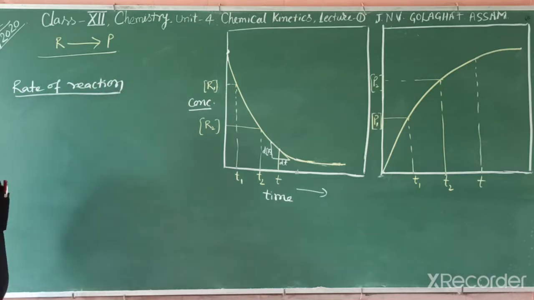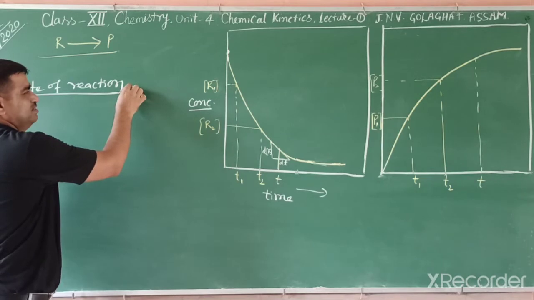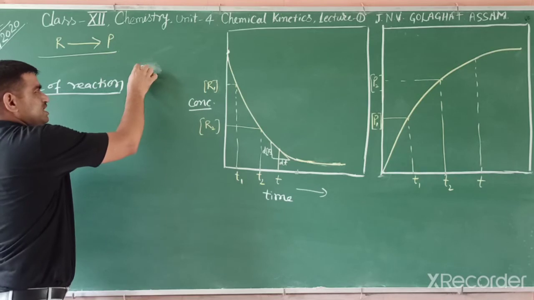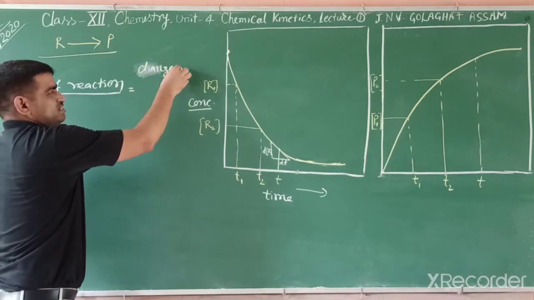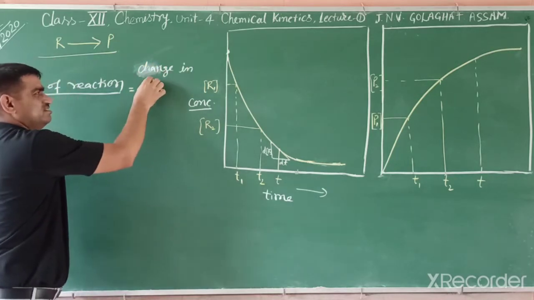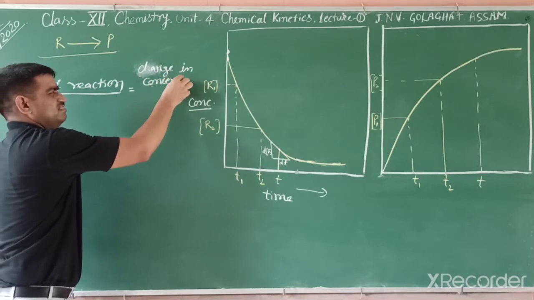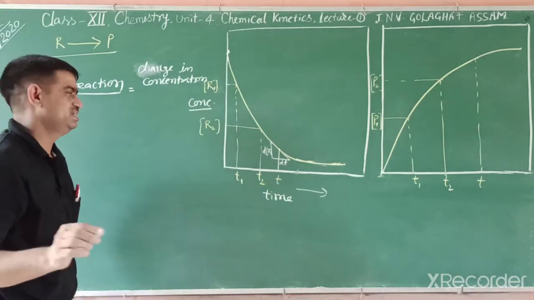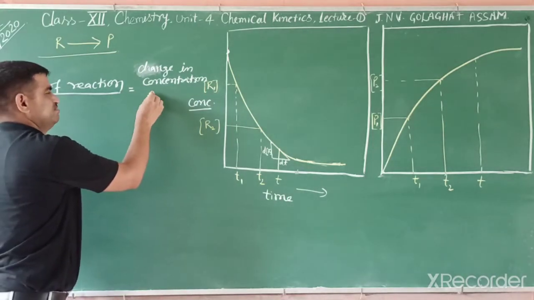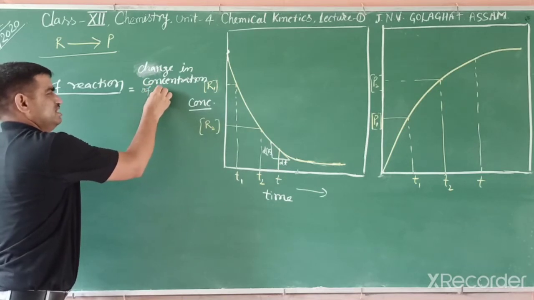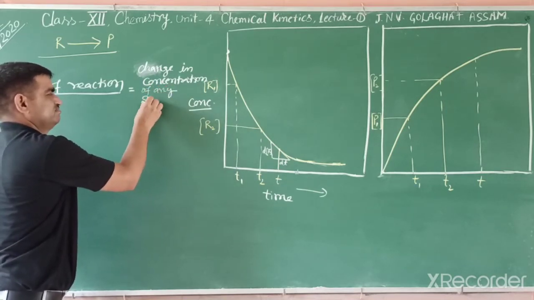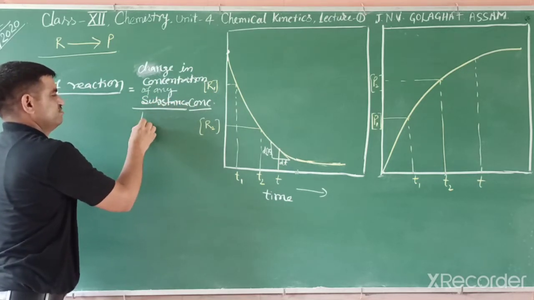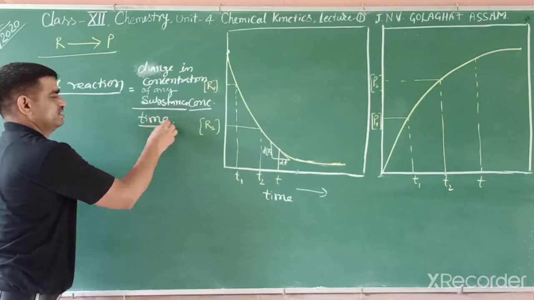We can write it by change in concentration. Rate of reaction is equal to change in concentration of any substance divided by time interval, time taken.